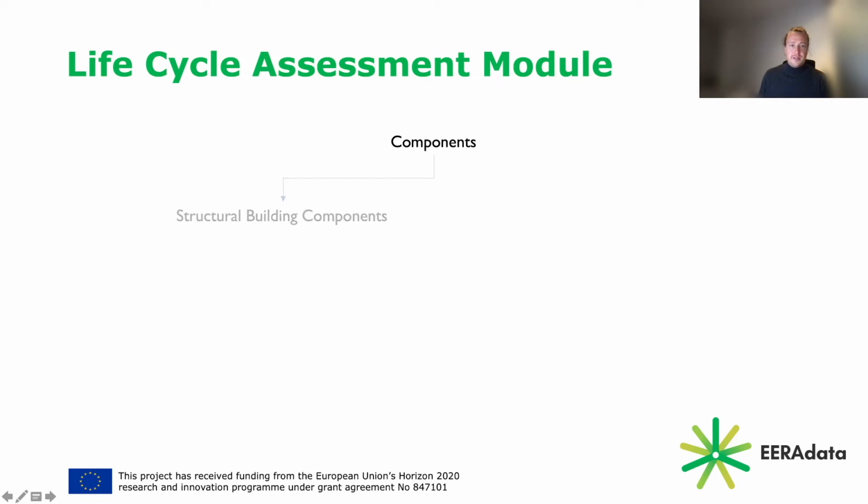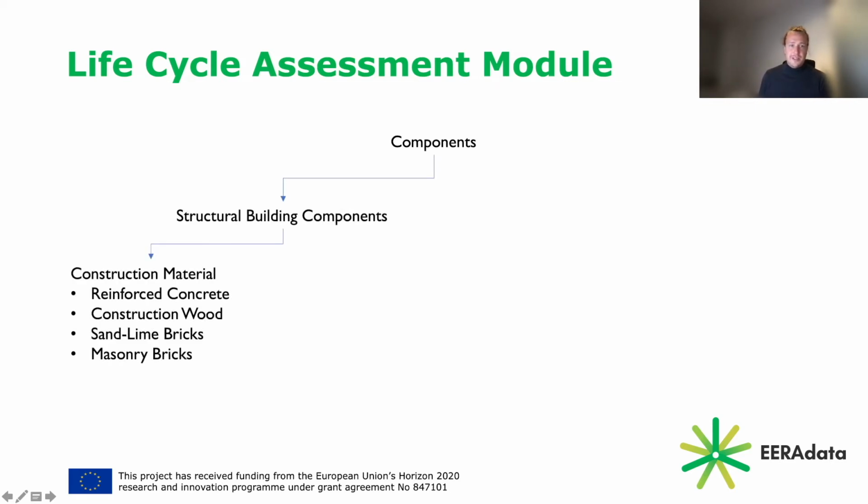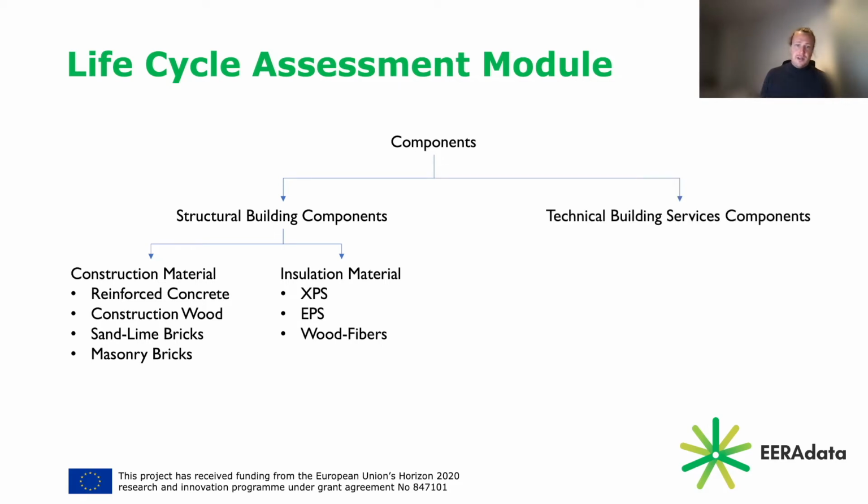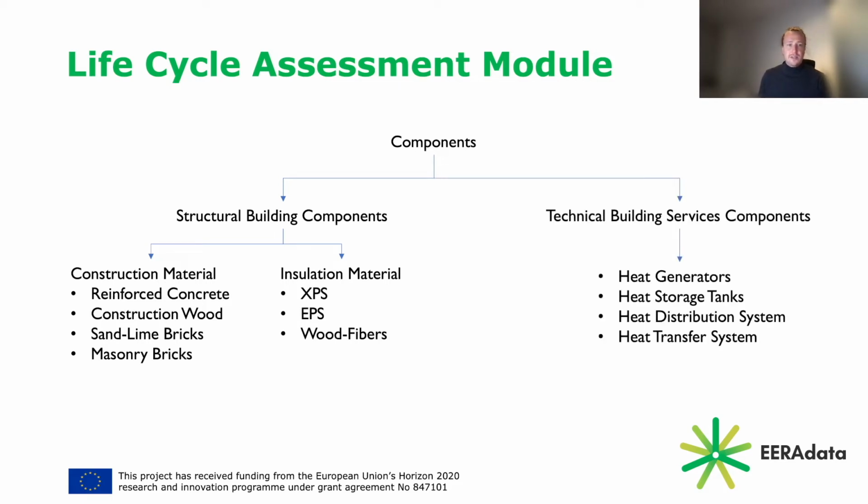Structural building components consist of the main construction material as well as of the main insulation material in different variations, ranging from sustainable to less sustainable solutions. For the technical building services components, heat generators, heat storage tanks, distribution and transfer systems are considered.